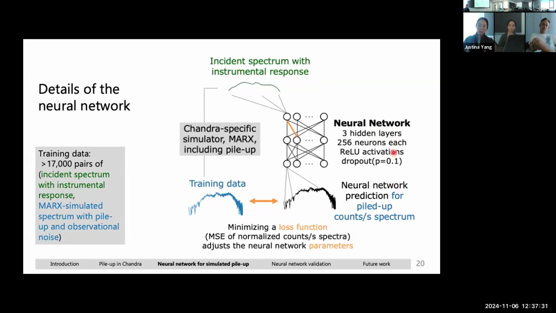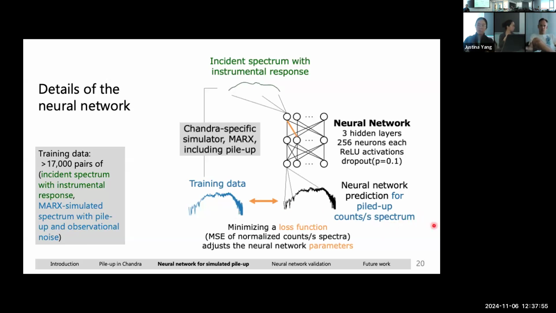And the neural network prediction will be a spectrum in units of counts per second, but transformed in such a way that it's easier for the neural network to deal with. And optimization for training this neural network is done by minimizing a mean squared error loss between a transformed version of this training data and the neural network prediction.